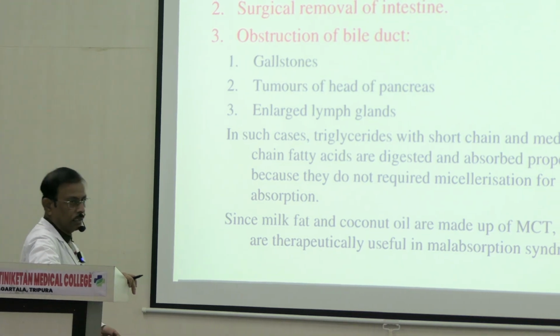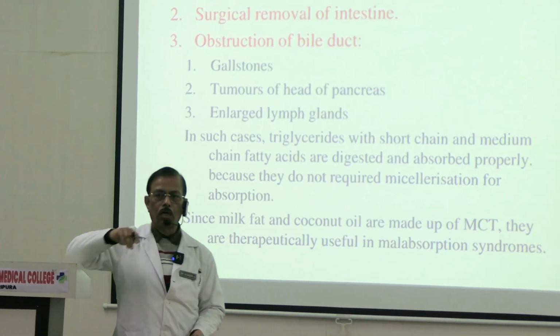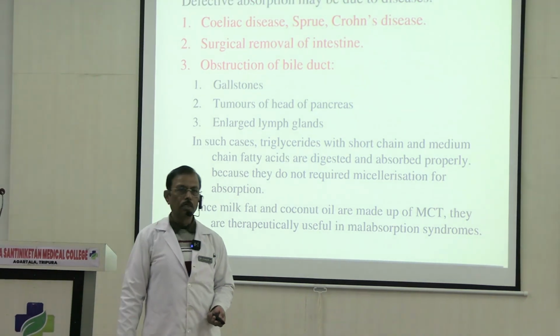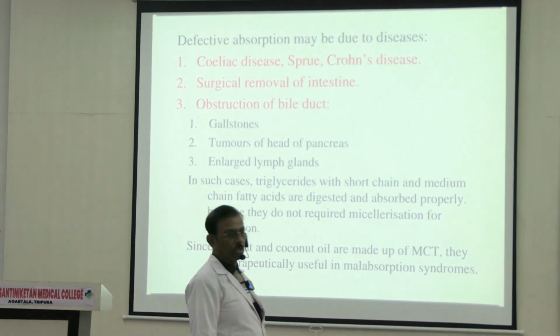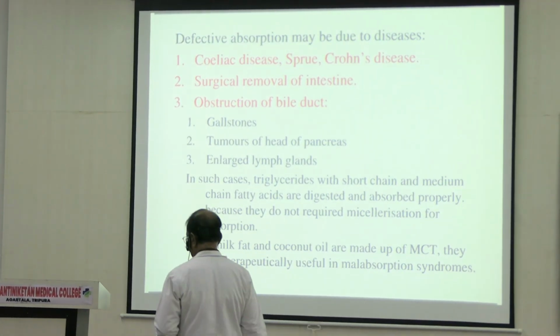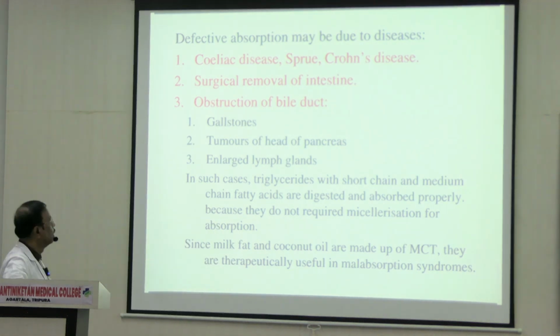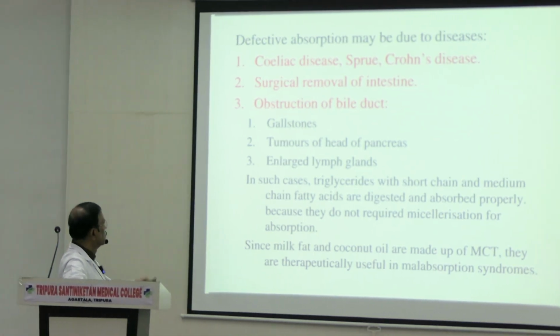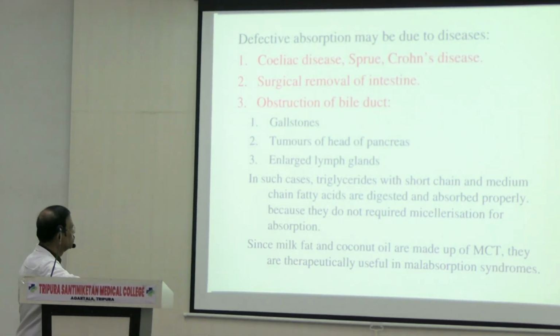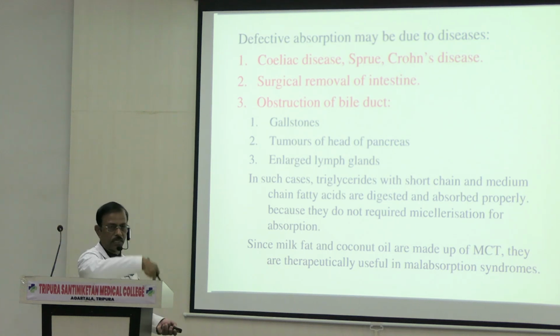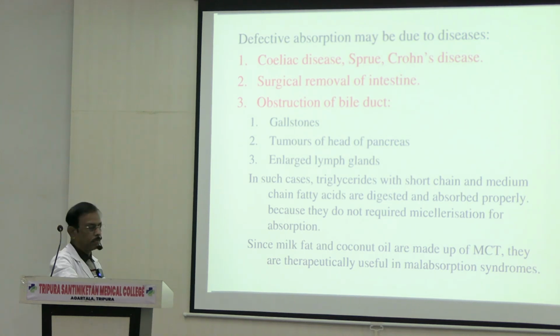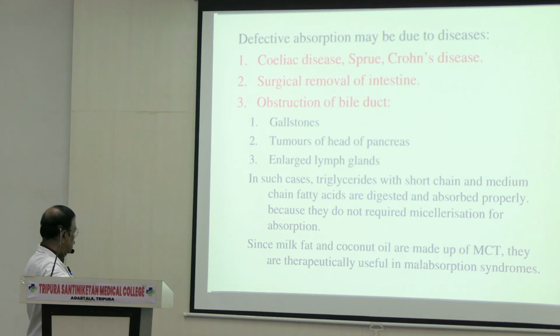Celiac disease is sensitivity to gluten, which causes immunological destruction of the intestinal cells and that causes steatorrhea. Gallstones, or a tumor in the head of the pancreas obstructing the pancreatic duct, mean pancreatic enzyme cannot come, bile cannot come.